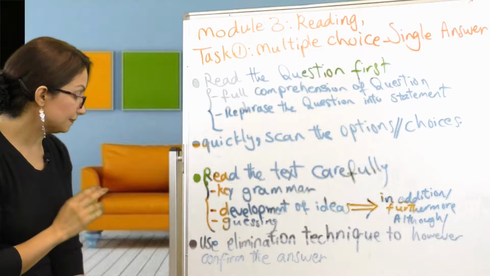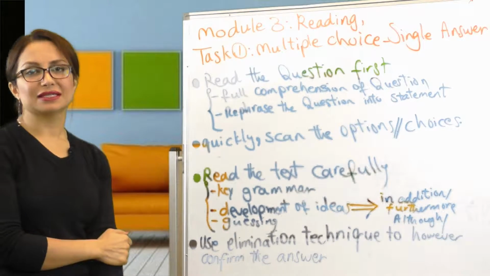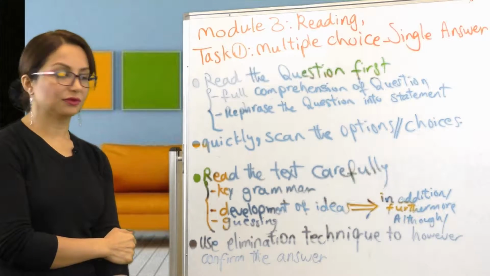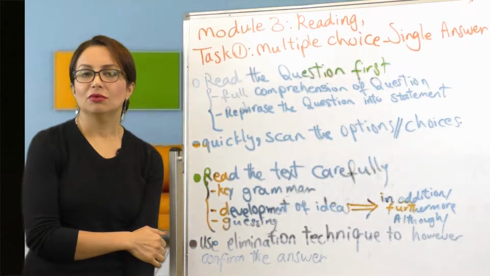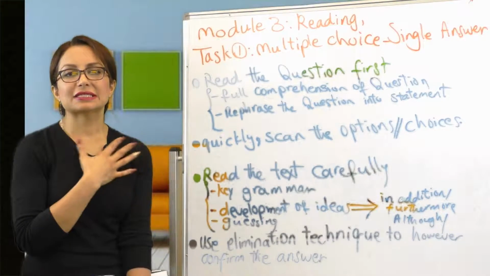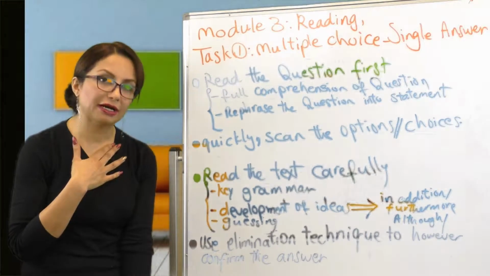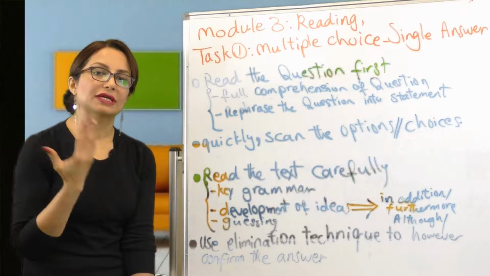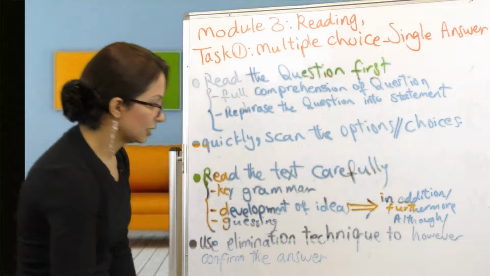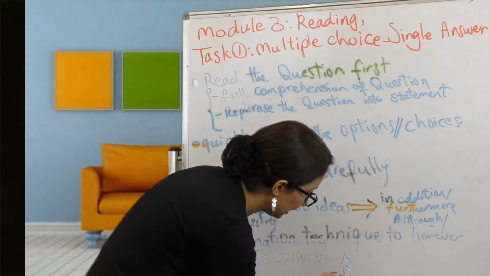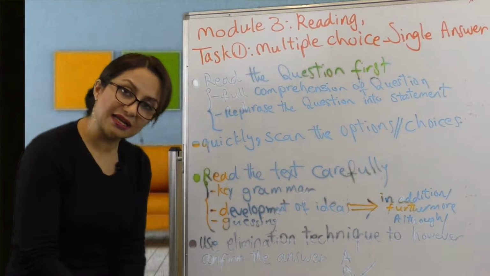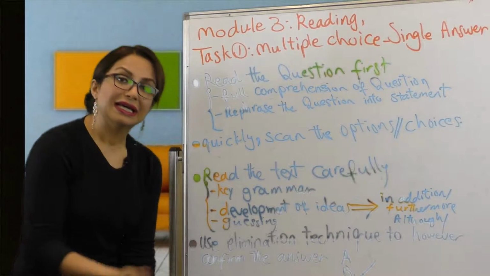Now, the last technique, which is really helpful in multiple choice questions, is the elimination technique. What is elimination? Let's say, for example, for a given paragraph, we think that the correct answer is B. Let's say there are 4 choices, A, B, C, D. And we get B as the correct answer for the given question.